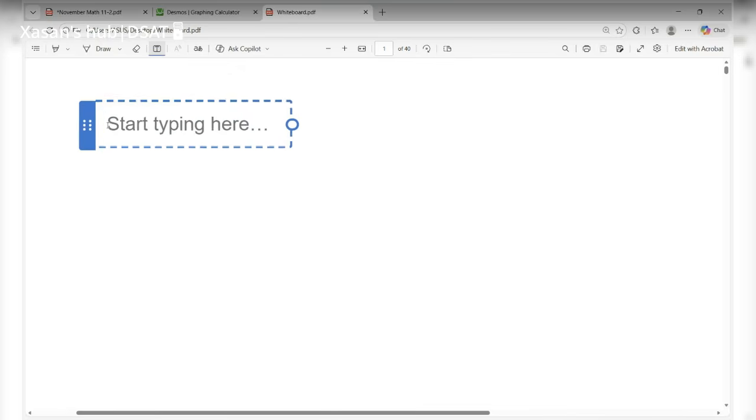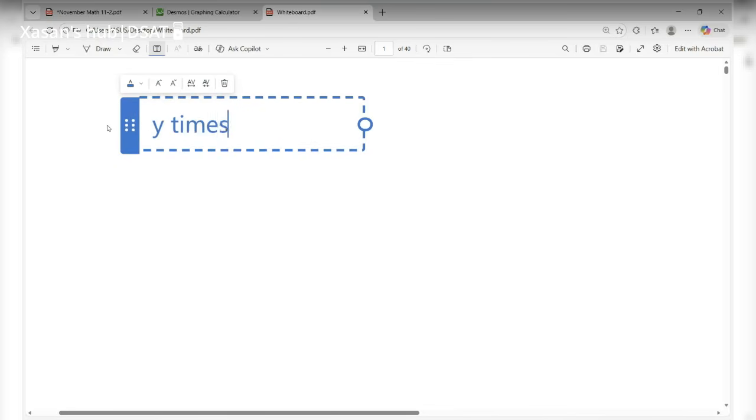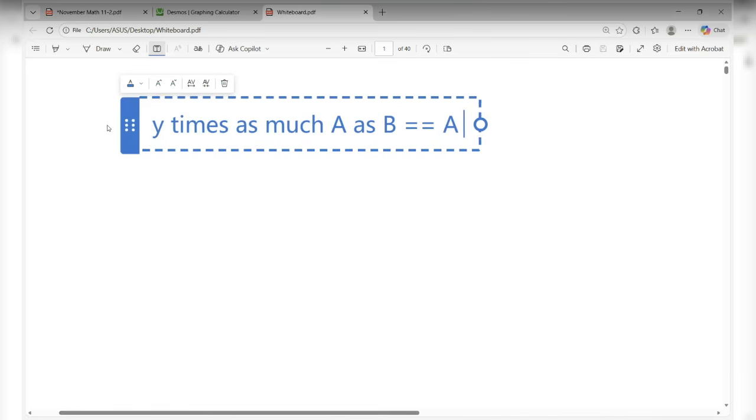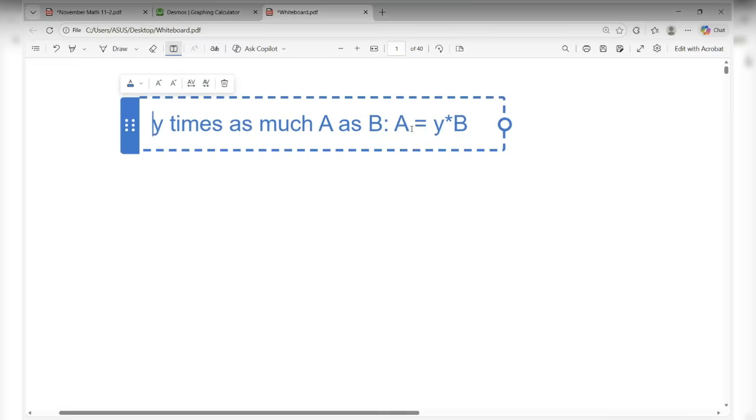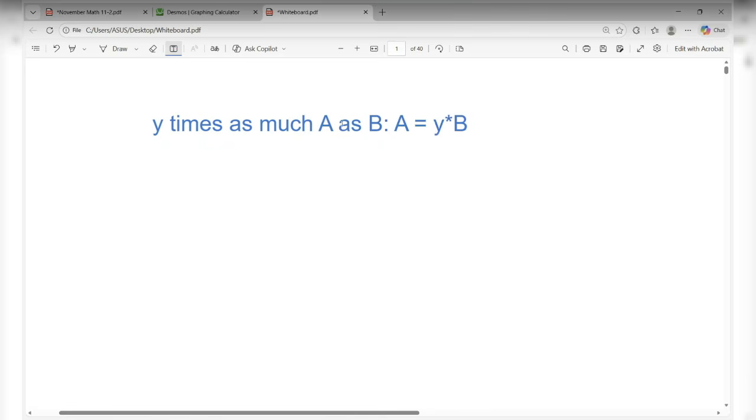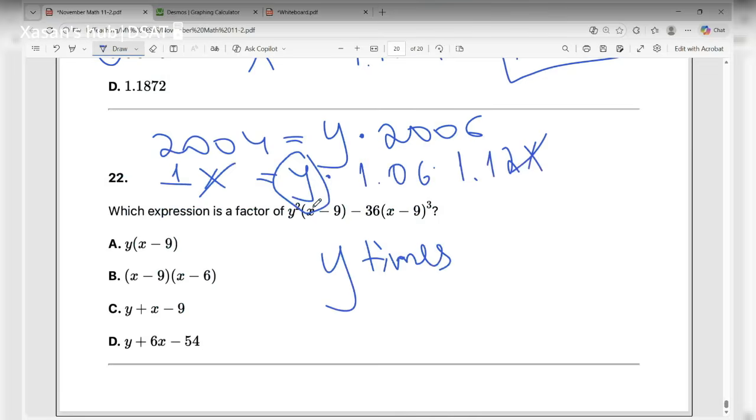So look guys, y times as much a as b means that a equals y multiplied by b. That's all. Y times as much a as b, that means a equals y multiplied by b, and here guys we're doing the same in 2004 and 2006.